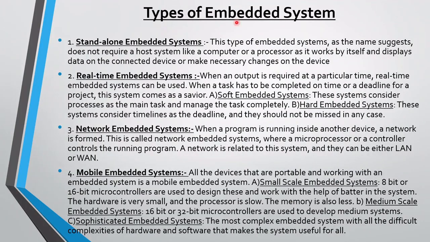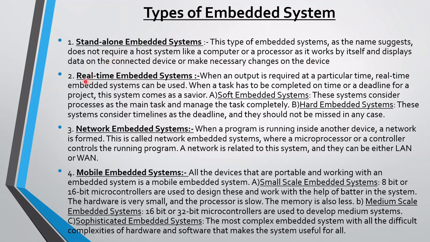Next is the types of embedded system. There are four types. Standalone embedded system. This type of embedded system, as the name suggests, does not require a host system like a computer or a processor, as it works by itself and displays data on the connected device or makes necessary changes on the device.